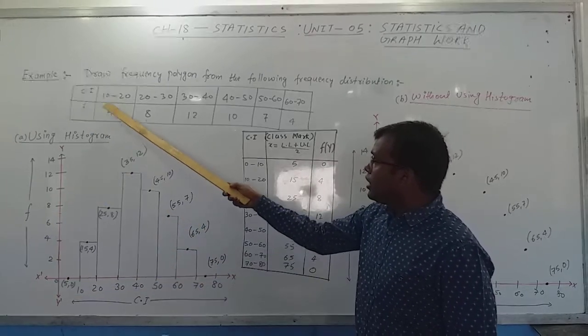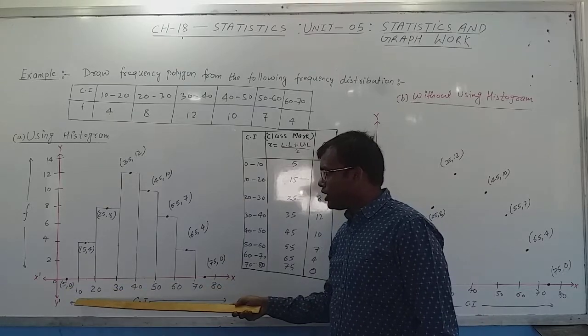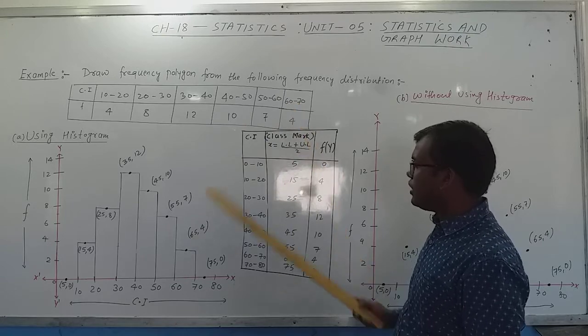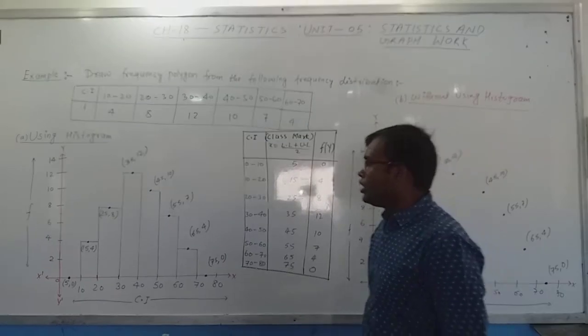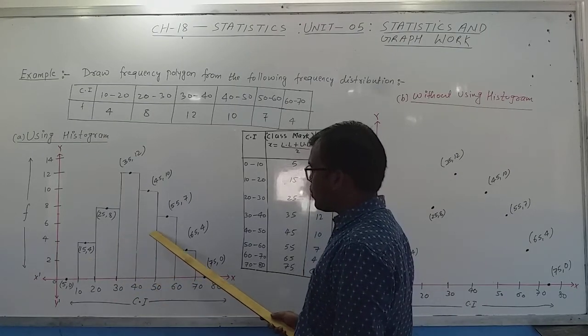Okay, I have considered 0 to 10, 10 to 20, 20 to 30, up to 80. Here we have up to 70, but we need one more extra class, that is up to 80. So first you plot this histogram.